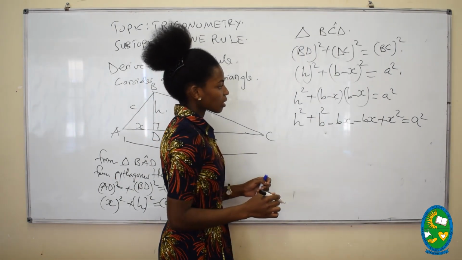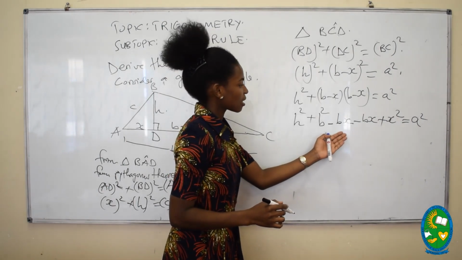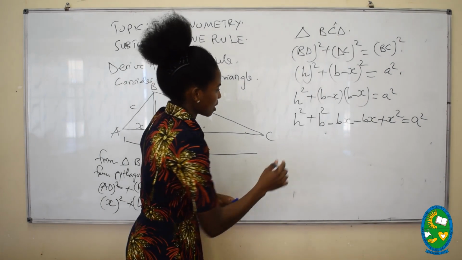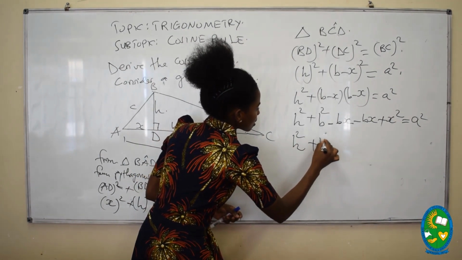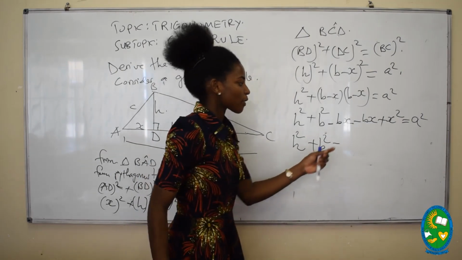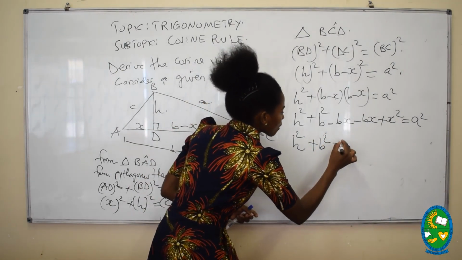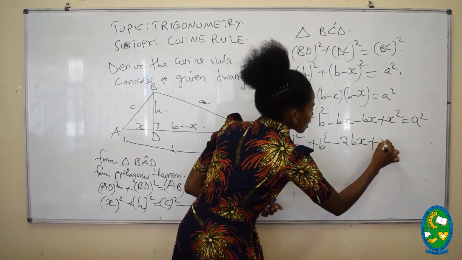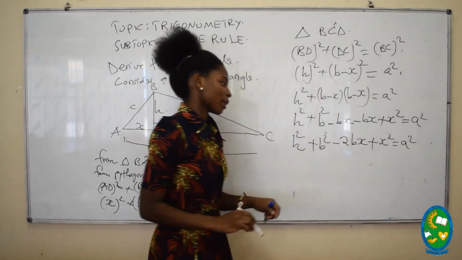After that, we combine the like terms by adding. We have h square plus b square, negative bx minus bx, we have minus 2bx, plus x square equals a square.